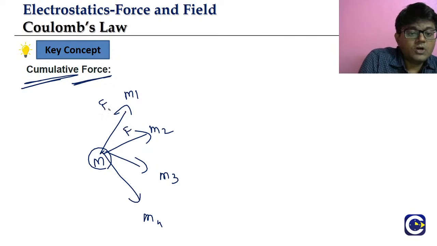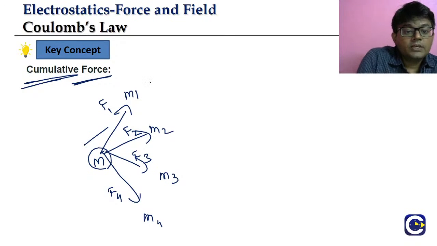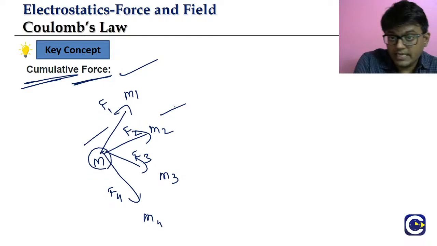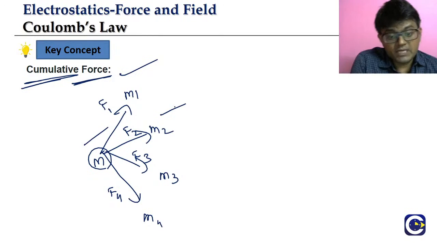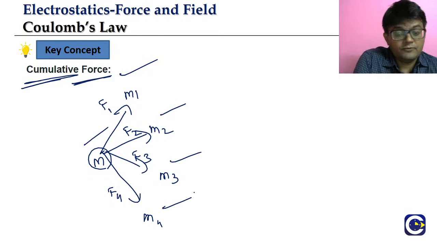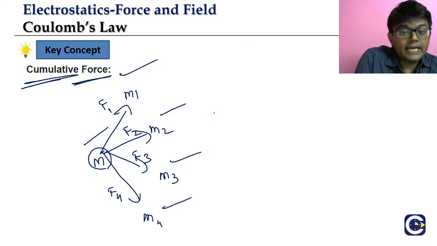So how many forces will be acting on this object? Each of the surrounding masses, m1 will apply a force, m2 will apply a force, m3 will apply a force, and m4 also will apply a force. So we get 4 forces.